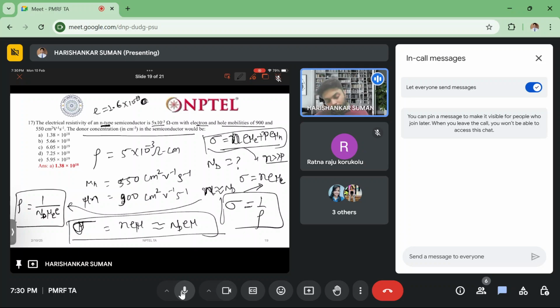Please put all these values in this equation and find out the ND. You can take 2 minutes. Please tell me the answer.